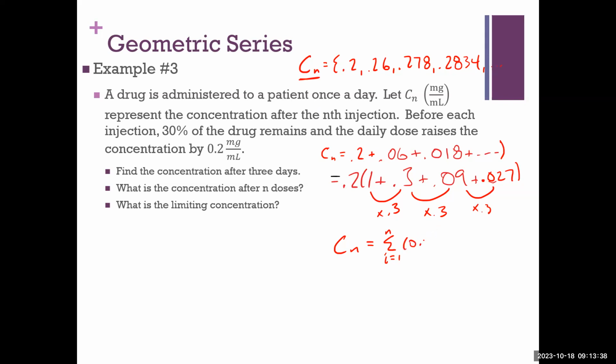So in reality, my first term is not 1, it's 0.2. And my second term is not 0.3, it's 0.3 times 0.2. So I think I can generalize the series this way. Any questions on how I defined the general series? Can I find the sum of this thing?